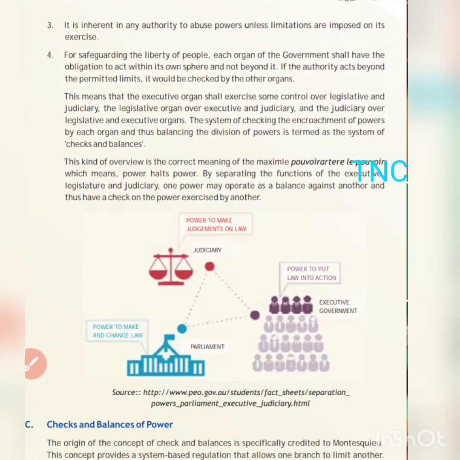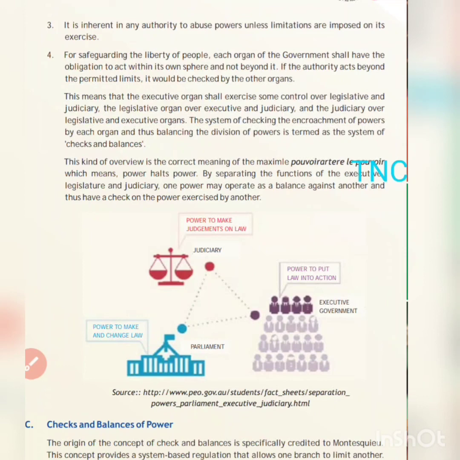I have already explained earlier in this video itself that if there is an encroachment by executive on the powers of judiciary, then the third organ that is remaining, that is legislature, can keep a check, it can monitor or observe how the encroachment has taken place and how to curb it.